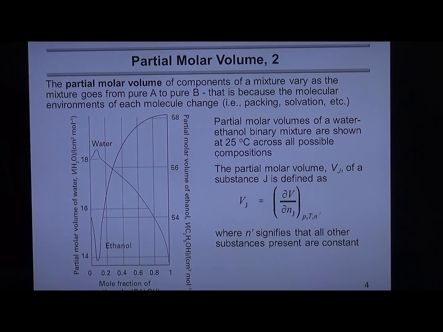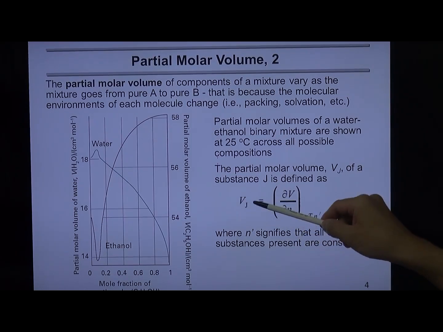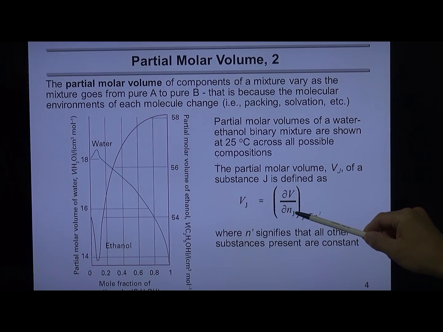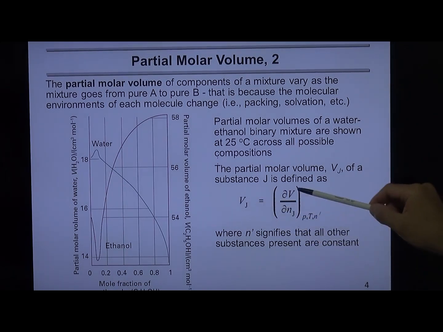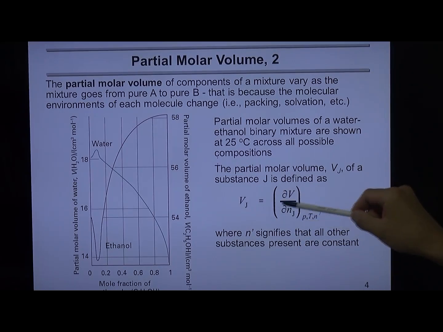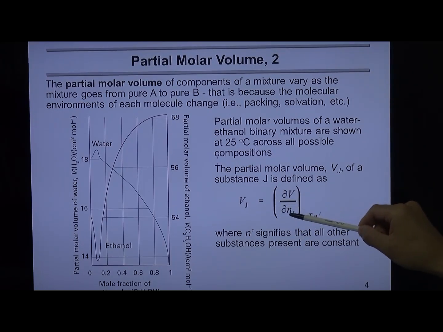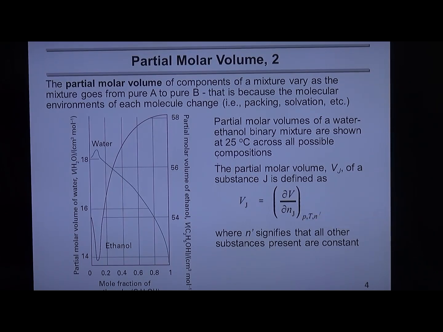So partial molar volume, denoted as Vj, where j is a kind of species in a mixture, is defined as the partial derivative of V with respect to Nj at constant pressure, temperature, and N prime, which means that partial molar volume tells how total volume changes as a function of composition, as a function of the total moles of species j, when pressure, temperature, and other substances are constant. Okay, this is the formal definition of partial molar volume.